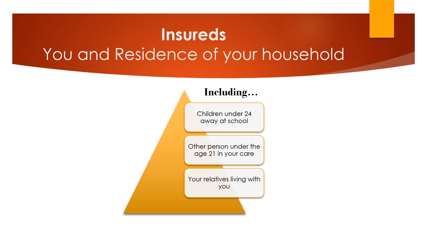The insureds include children who are under the age of 24 and away at school, anyone else under the care of the name insured, age 21, and then any relatives living in the home. They are all considered insured. So the name insured can make changes to their policy, but the people who are considered insureds cannot, even though they are covered under the policy.